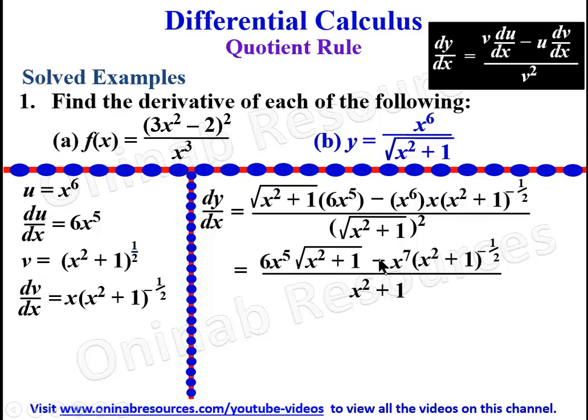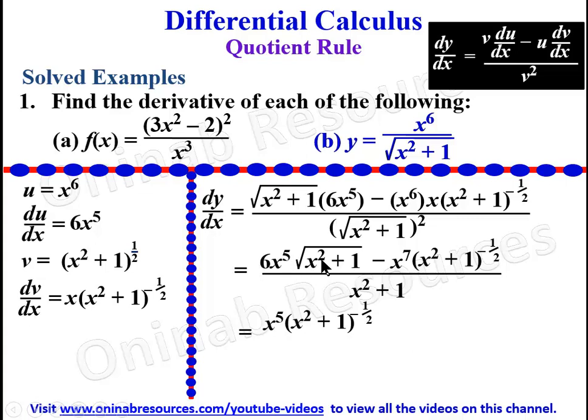We can go ahead to still simplify. x to the power of 5 is a factor of this, so I have x to the power of 5, and here x squared plus 1 roots. Yeah, this is a factor. It's a factor.